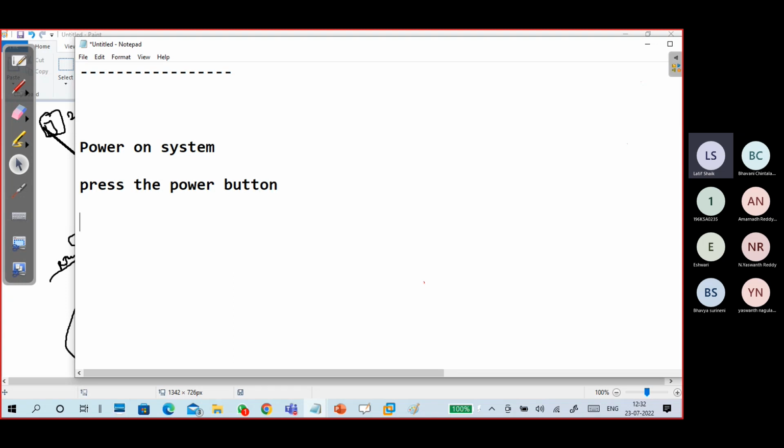What will happen? SMPS will turn on. Now it is on, and power is distributed to all the devices in the system.